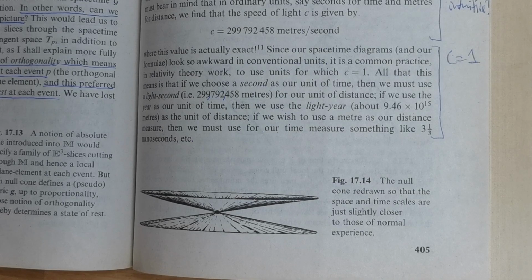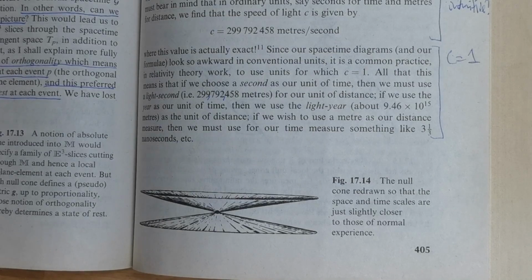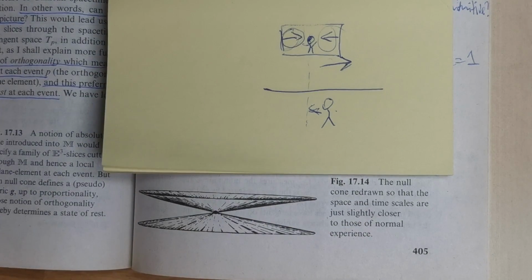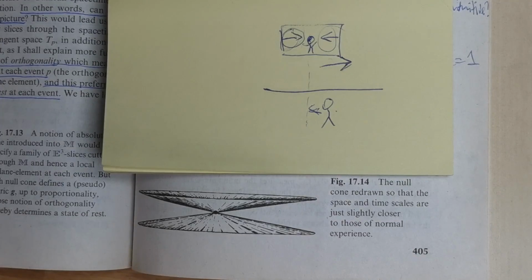If you draw the same picture with the trains, and rather than a light signal, it's a sound, and you're moving close to the speed of sound, the discrepancy is not due to absolute time. It's due to the variable speed of sound.